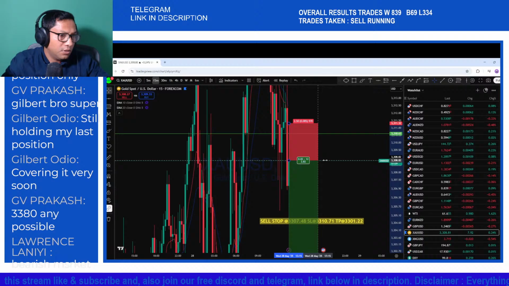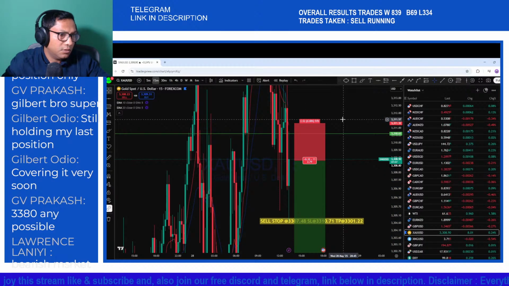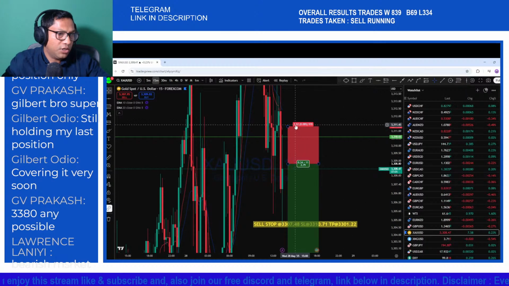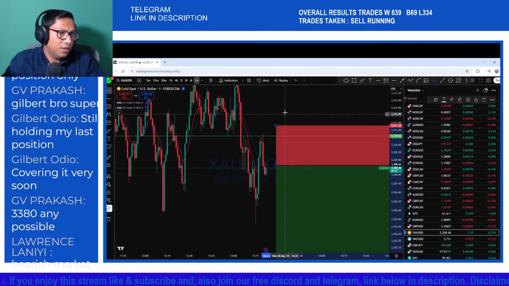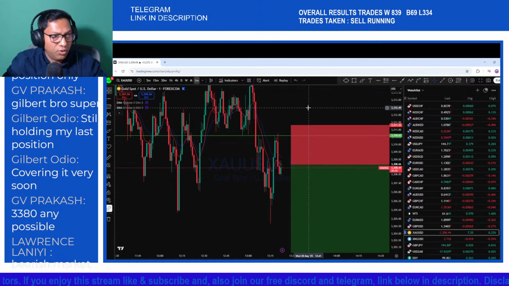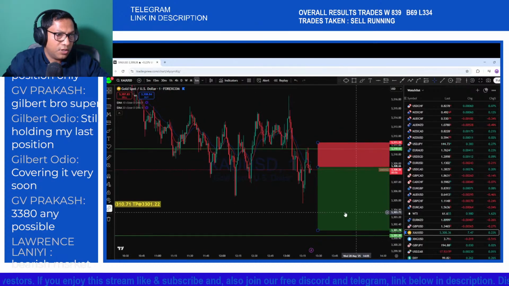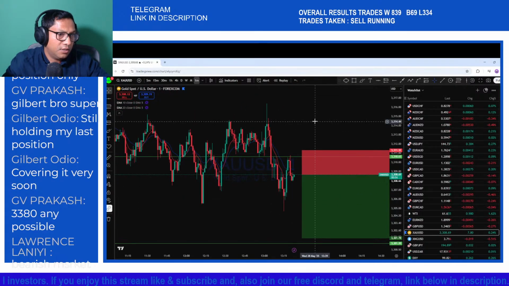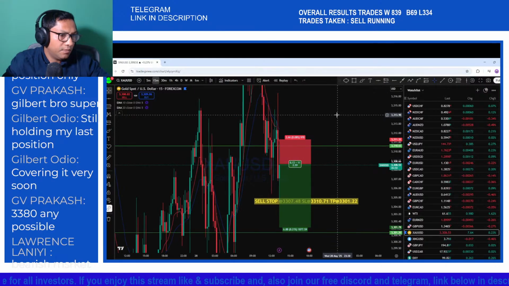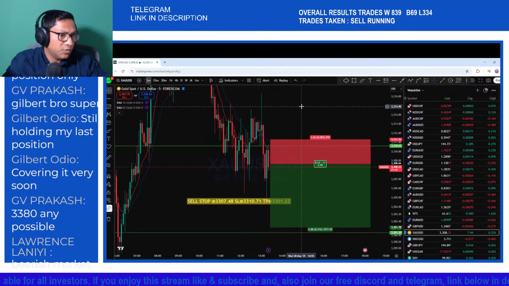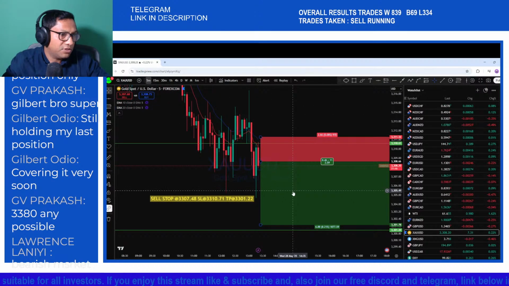So this is the right way to trade. Keep the risk low and then find a bigger win, tight stop loss, bigger win, and then try to catch the longer trade. So 5 minutes here, it's a bearish candle.